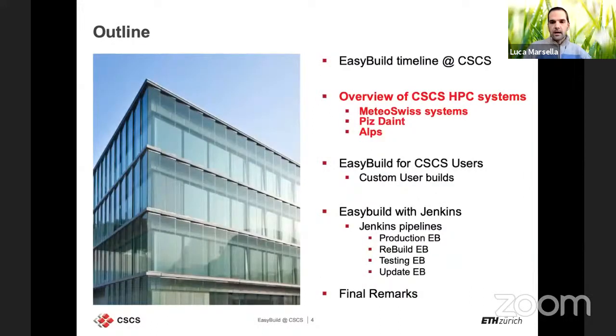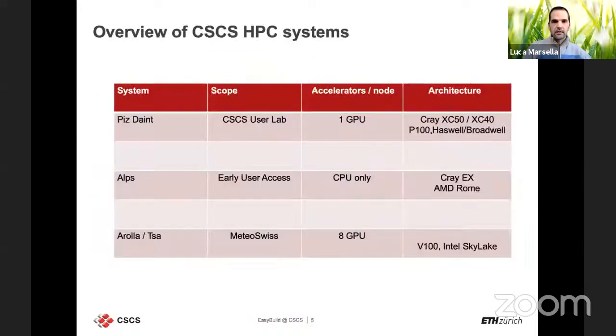So I will go now to describe the main HPC systems where we employ EasyBuild to deploy the software stack. In this slide, I show you the main features of the systems. Like I already mentioned, Piz Daint, which is dedicated to the CSCS user lab, is the flagship system. It features most of the nodes with a single GPU per node, a P100 NVIDIA Tesla GPU, with an Intel Haswell processor on the so-called Cray XC50 partition, while we have also a Cray XC40 partition with Intel Broadwell processors and no GPUs.